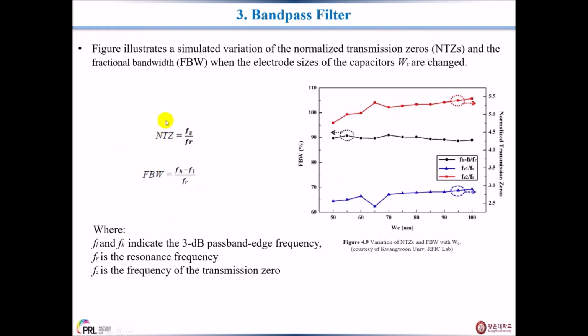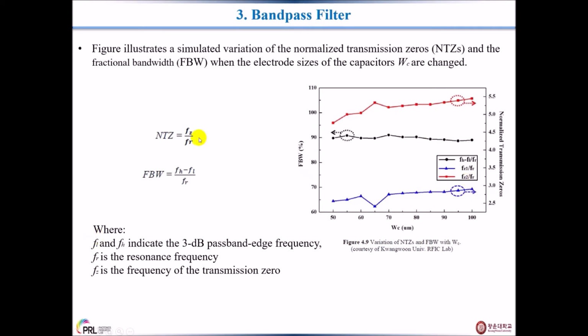The figure illustrates the simulated variation of the normalized transmission zeros (NTZs) and the fractional bandwidth when the electrode size of the capacitor, WC, is changing. When WC is changed, we can see in which range the FBW and the NTZs change.